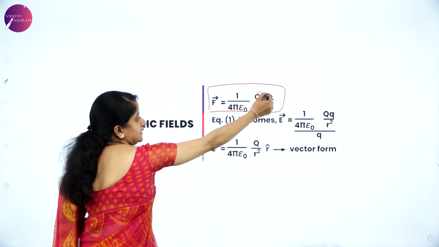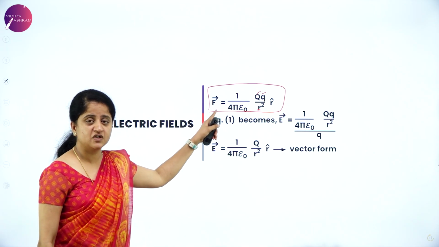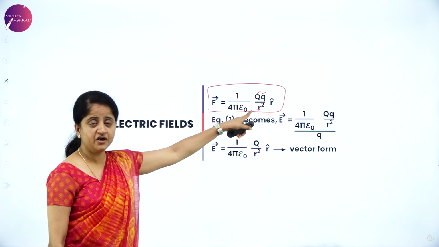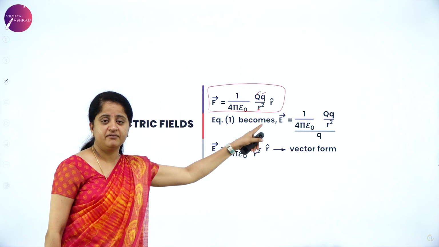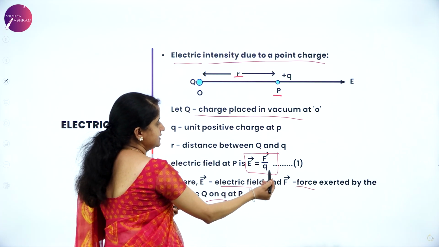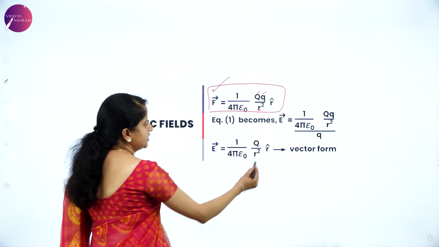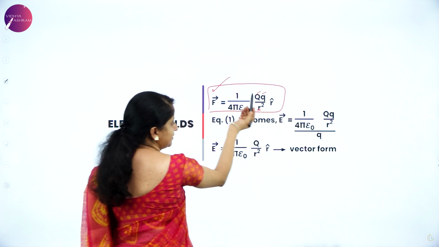Because these two are the charges separated by distance R, hence we can write Coulomb's law as 1 by 4 pi epsilon naught Q into Q divided by R square into R cap. Now substitute F in this equation. E is equal to F divided by Q. So let us now substitute, in the place of F I am writing the same.